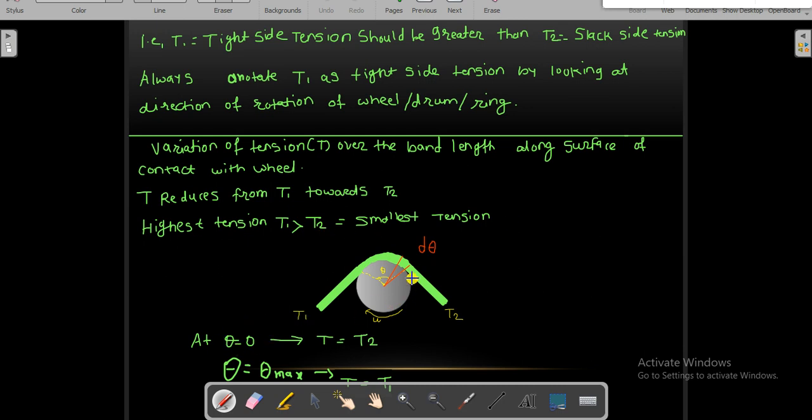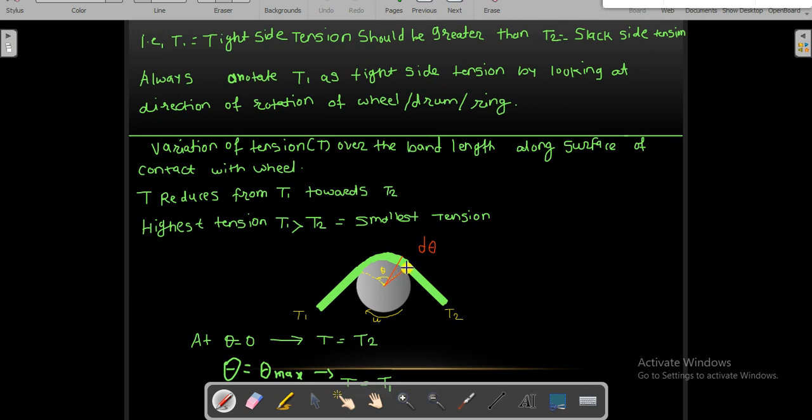Let us start from this side where the tension is very small, and if we see the angle subtended from here to here, there will be a theta. It will go on increasing. Let us say a very small angle theta is there between these red lines.